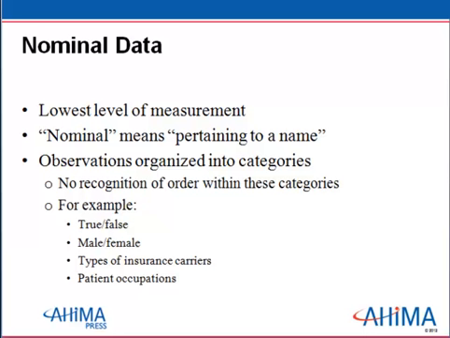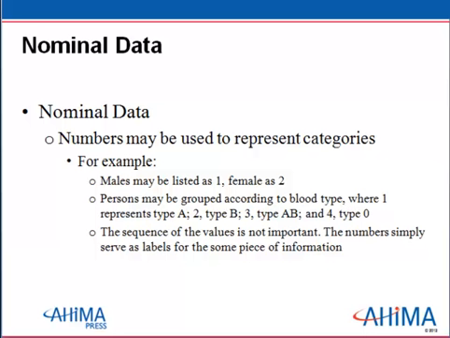Examples of nominal data include true-false, male-female, maybe type of insurance carriers, or patient occupations. Often numbers are used to represent categories. For example, a male may be listed as the number 1 and a female as number 2.